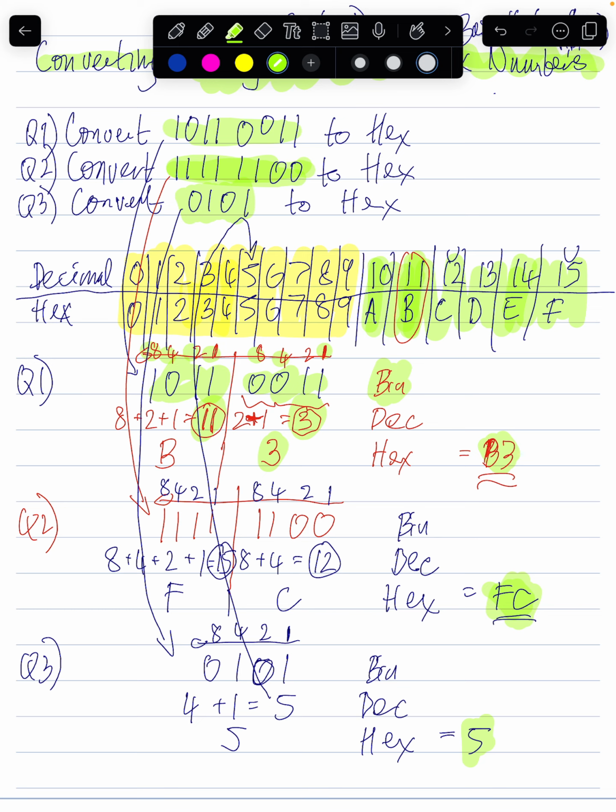Then we convert the decimal into hex using our table here, separately for the 11 and the 3. Then we can just glue them together to get our final answer.